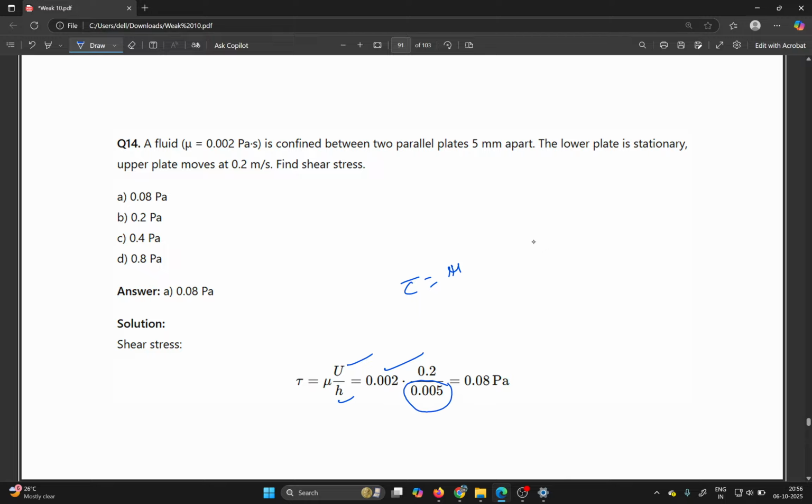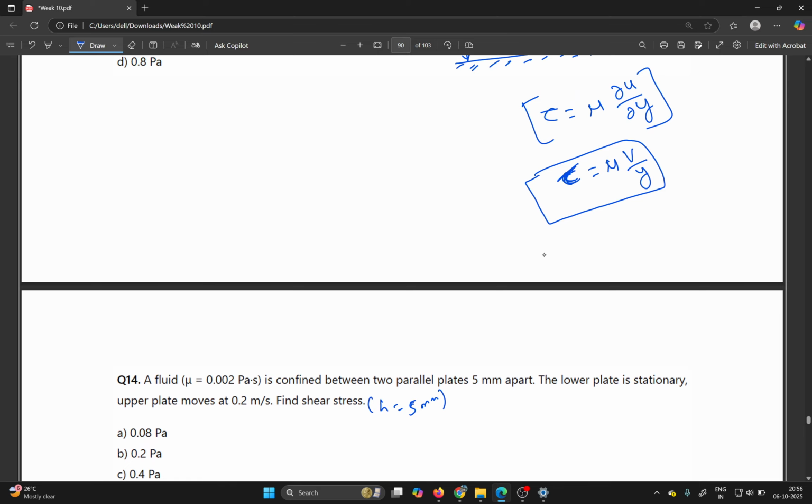Remember please, the question is asking to find the shear stress at H equal to 5 mm. So tau is 0.002 into velocity, given as 0.2, divided by 5 mm.